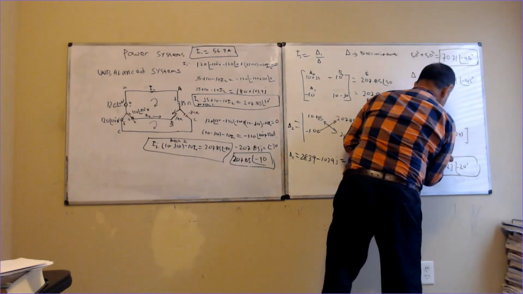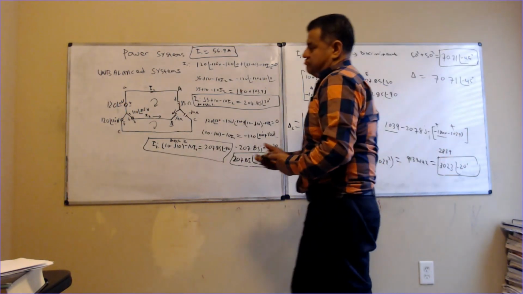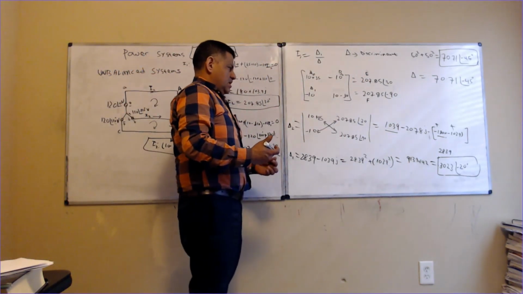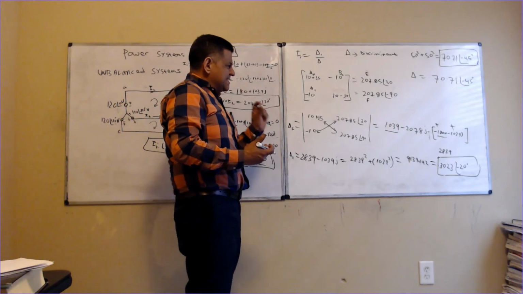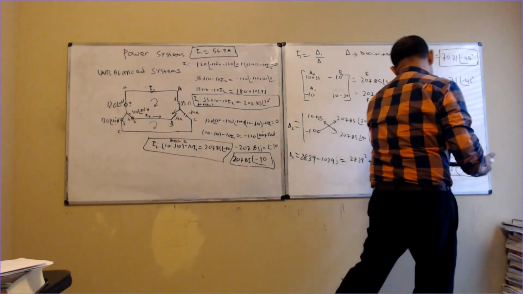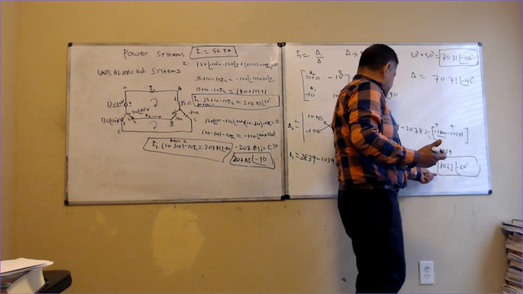So I want to make sure that if you get different answers, don't get surprised if your answer is slightly different than this, because I'm not counting the decimals. Okay, so this is basically A2 now.